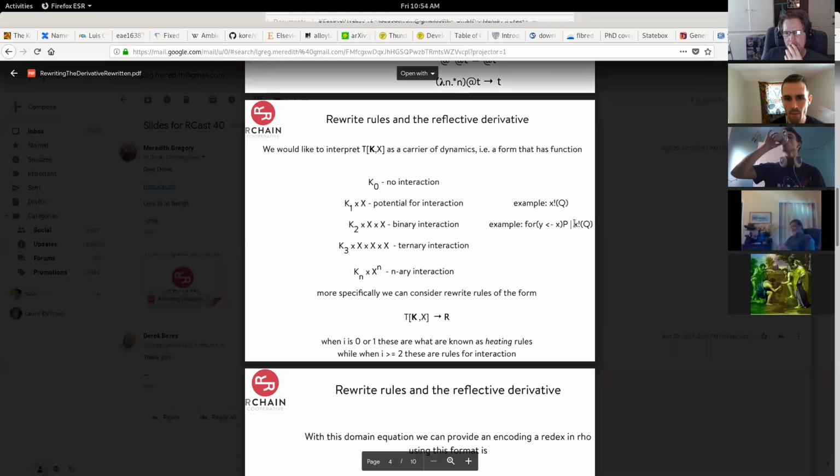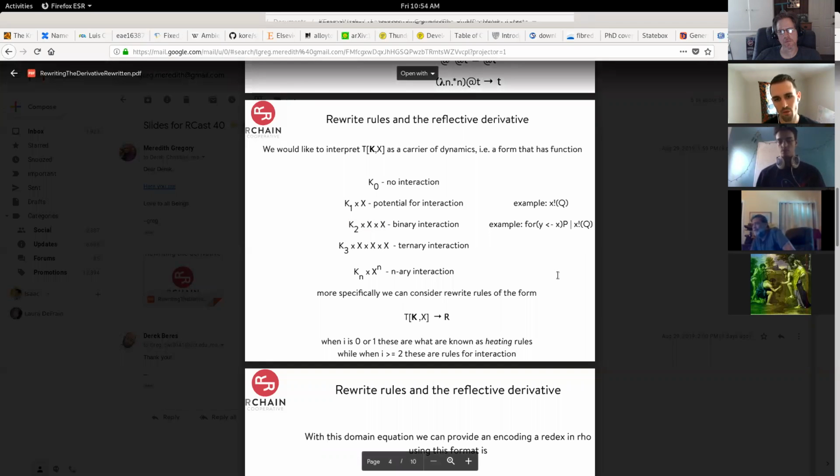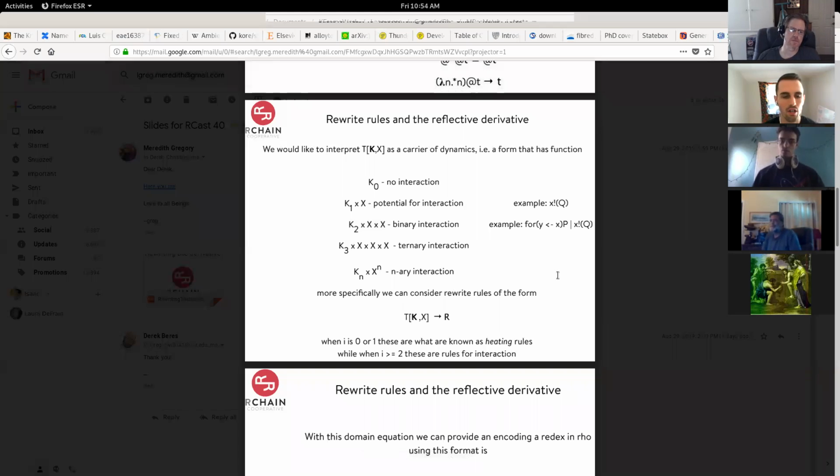I'm not 100% sure that the par is absolutely essential, but it's certainly a generic construction that we can just take 2 processes, and we can always put 2 processes in par with one another. Or if we have 3 or n processes, we can always just put them in par with each other.